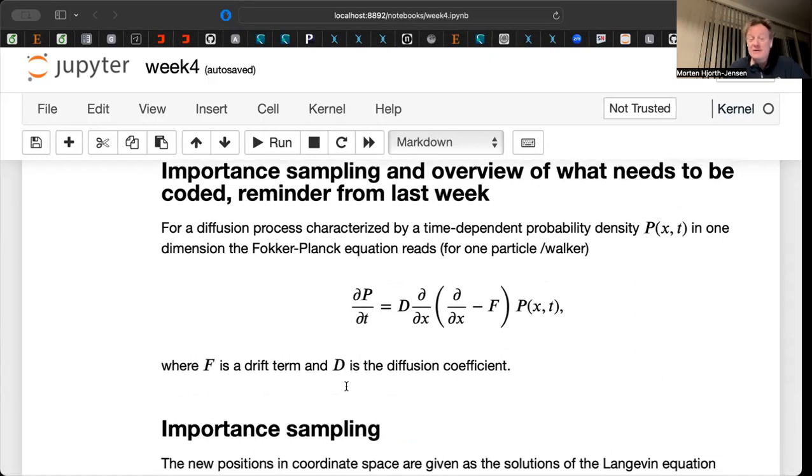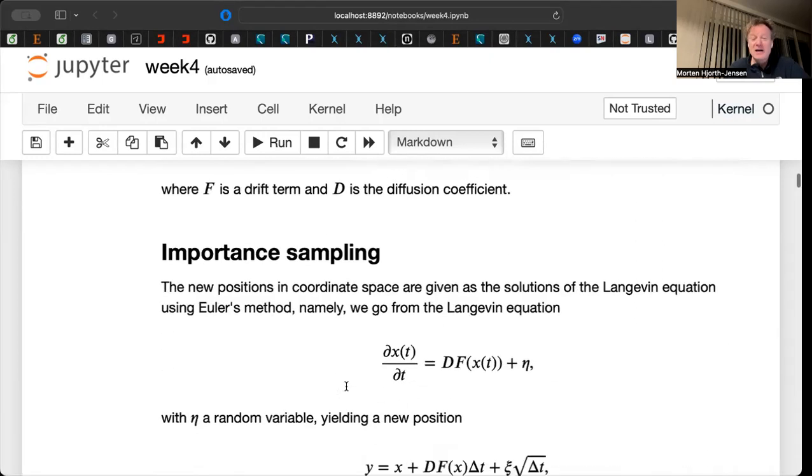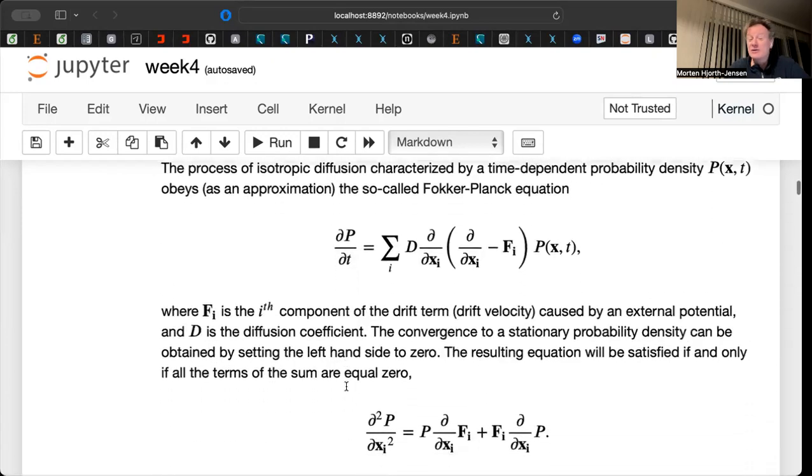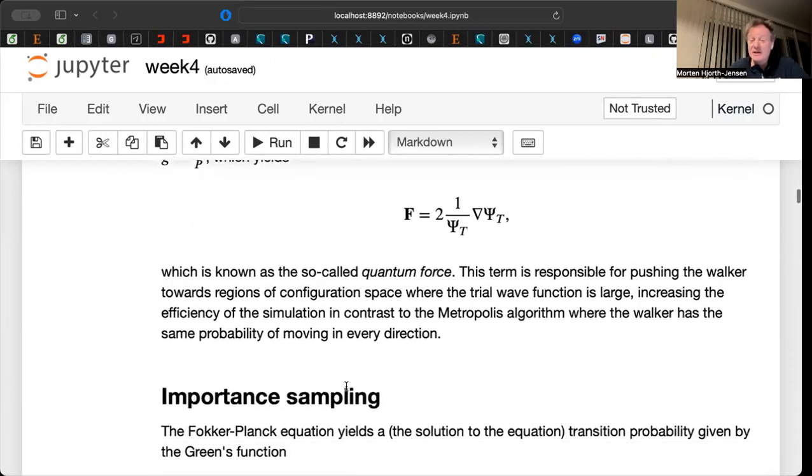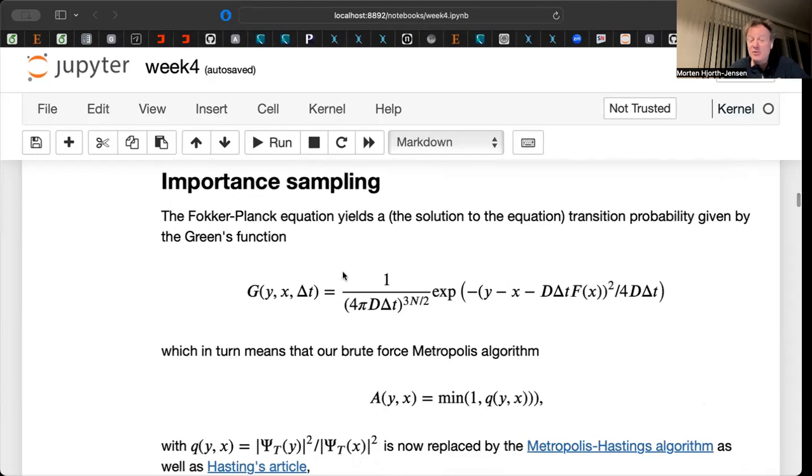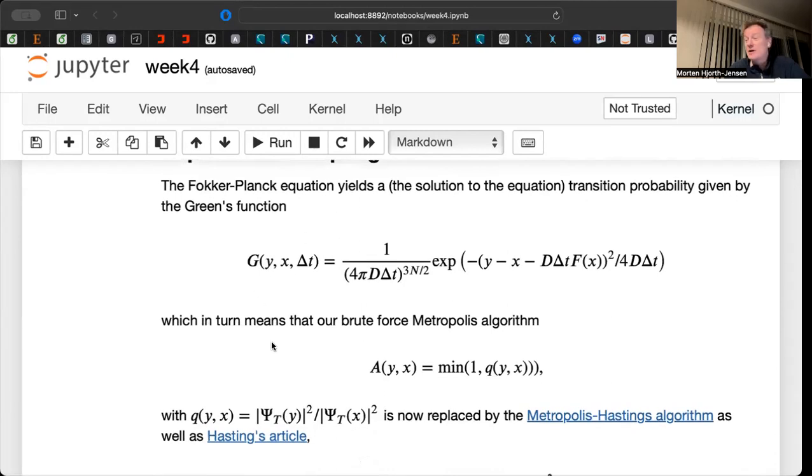So there's a long way to get to these equations, but I wanted to demystify some of the details so that you can see why we can interpret this as a probability distribution. And this will make our sampling much, much more relevant in the sense that we are being guided by the trial wave function, which defines the probability distribution.